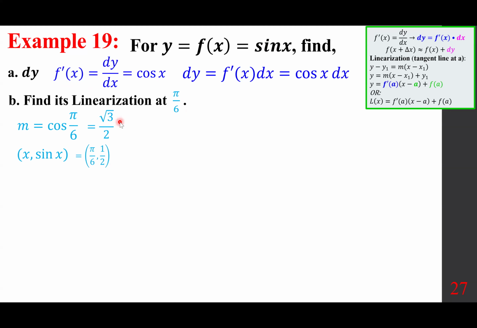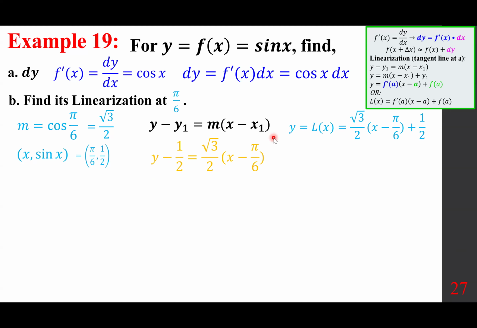We have the slope. y minus y1 equals m times x minus x1 means y minus 1/2 is m, square root of 3 over 2, times x minus pi over 6. And you move the negative 1/2, make it positive 1/2. So this is square root of 3 over 2 times x, minus square root of 3 pi over 12, plus 1/2, and this is the precise answer.